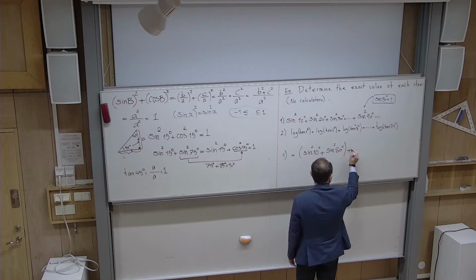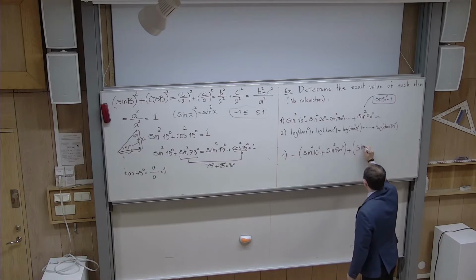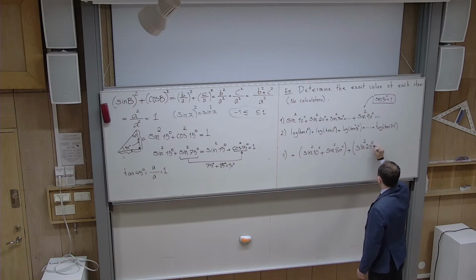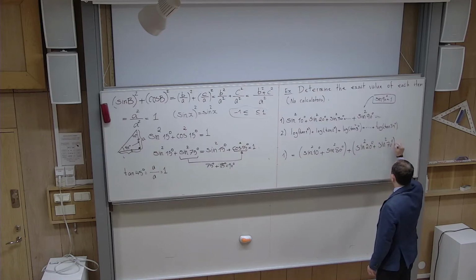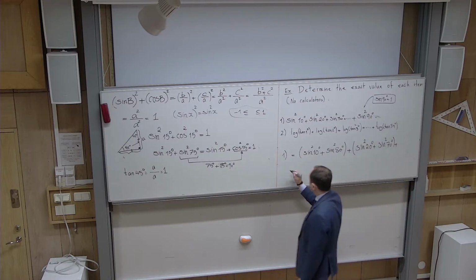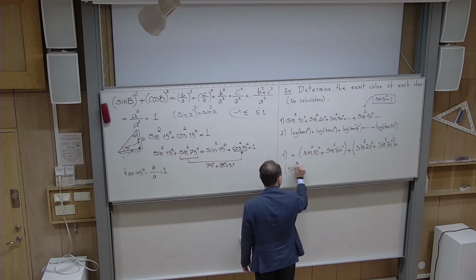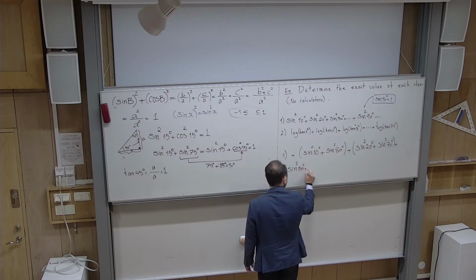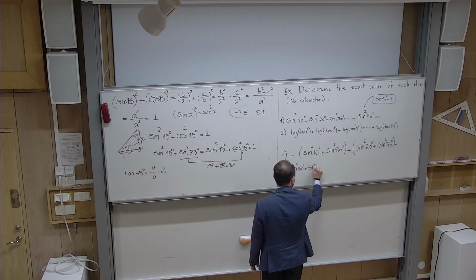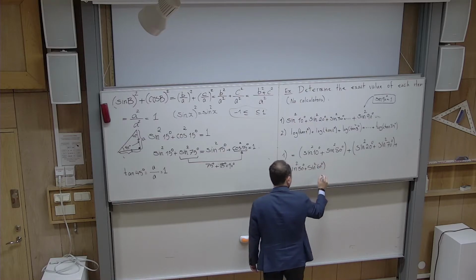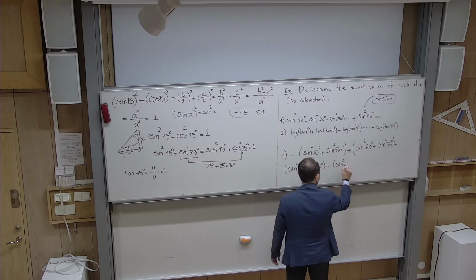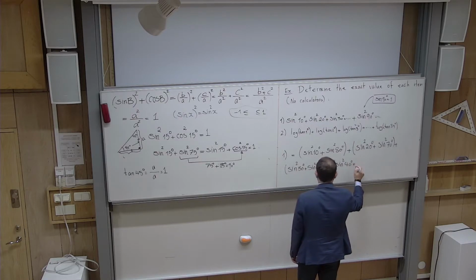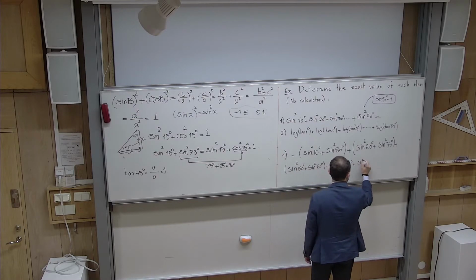And then the next one is what? Sine squared 20 plus sine squared 70. And then plus sine squared 30 plus sine squared 60. And then plus sine squared 40 plus sine squared 50.